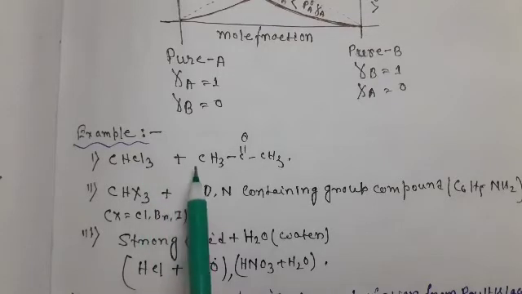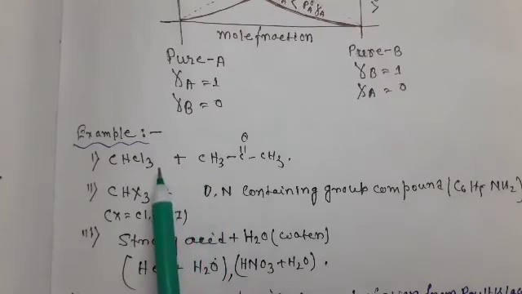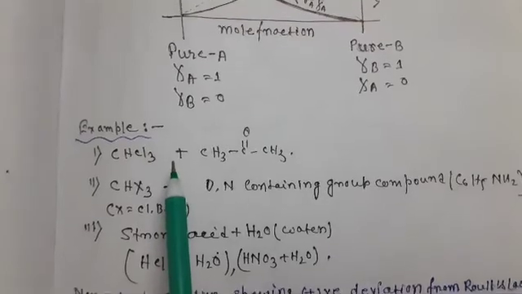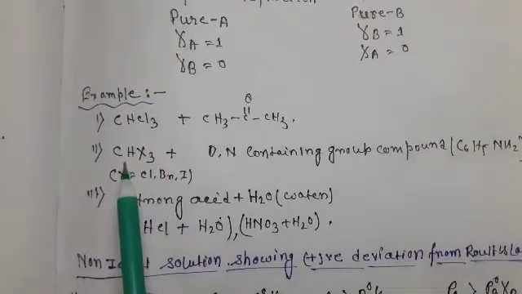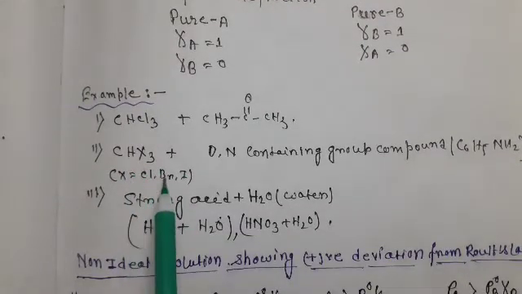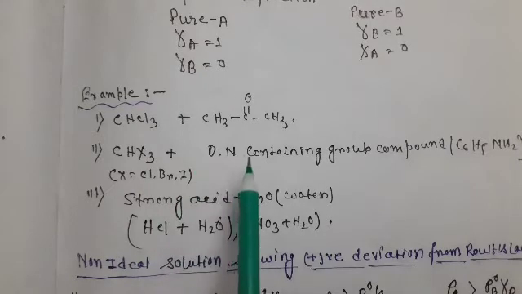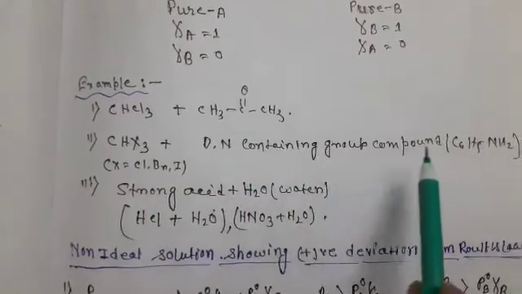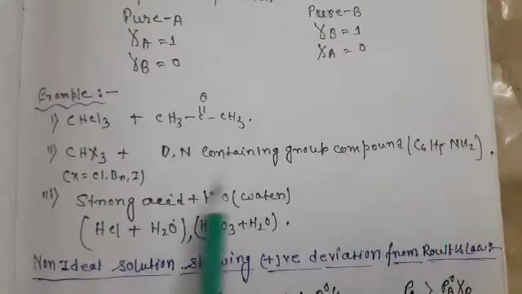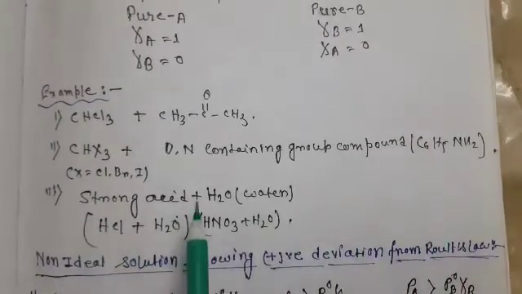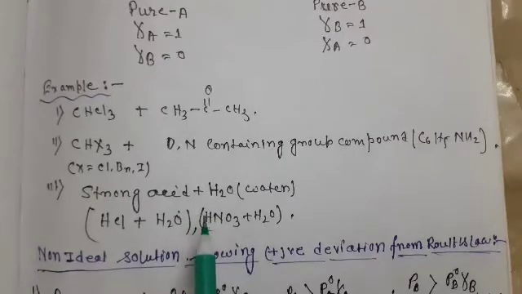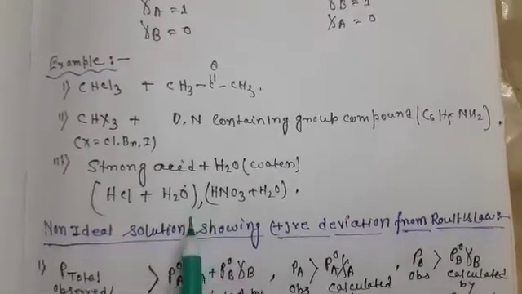Here the attraction increases, that is why it shows the negative deviation. Another example, CHX3, where X is a halogen, and oxygen and nitrogen containing group compounds, that is aniline, and strong acid and water mixtures also show negative deviation, and these are also non-ideal solutions.